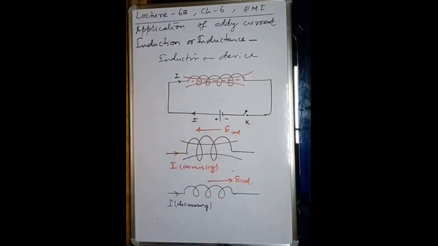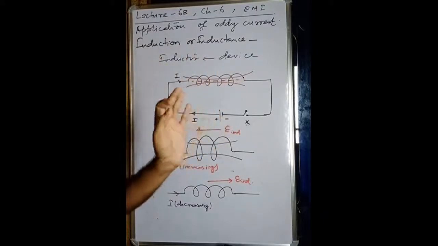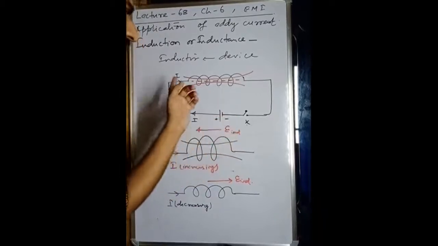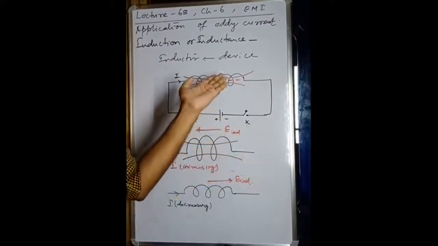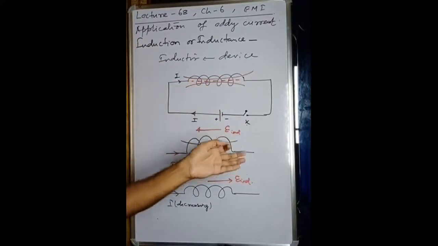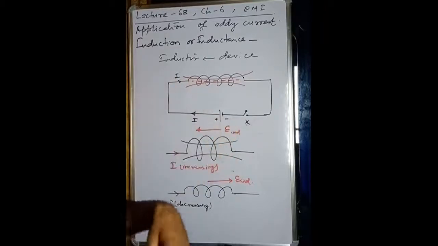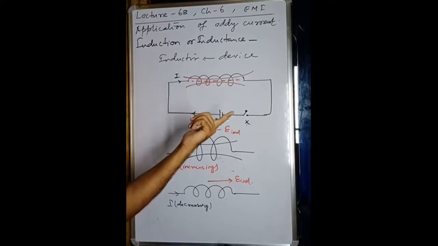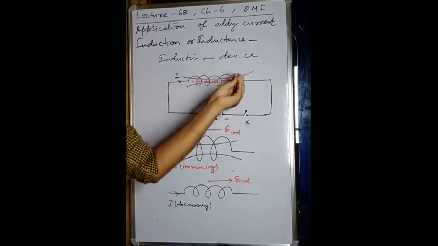Remember one thing more. Suppose the current is increasing in any inductive circuit, but after some time the current gets established and becomes steady, that is, the current is constant. In that case the current is not changing, so there will be no change in flux, and the total energy is stored by the inductor.